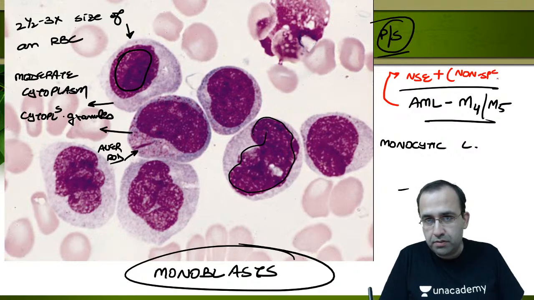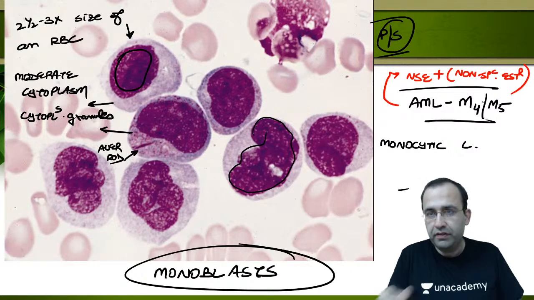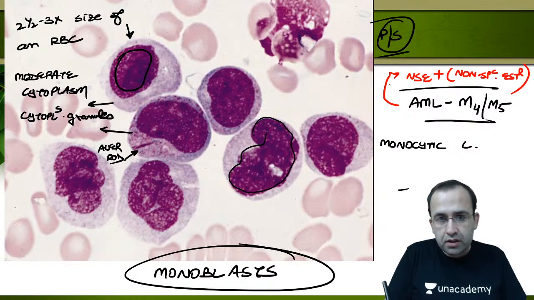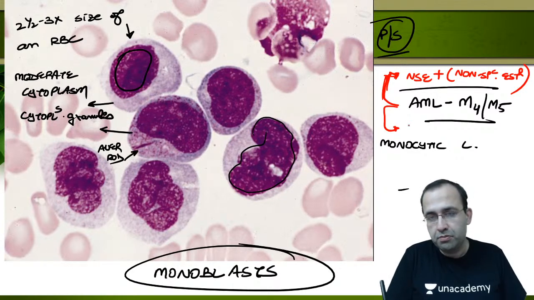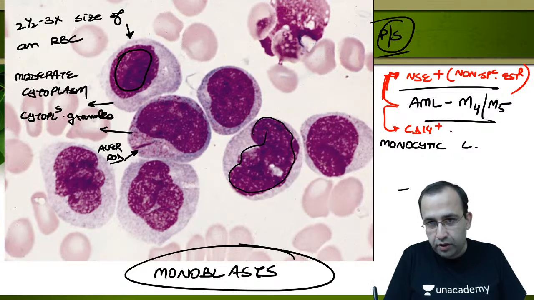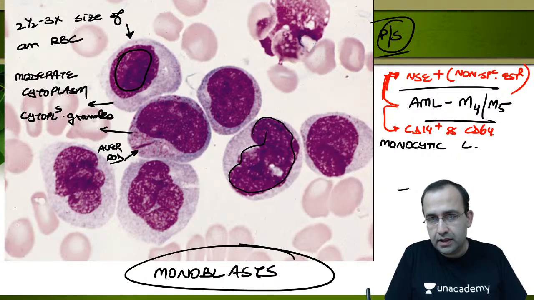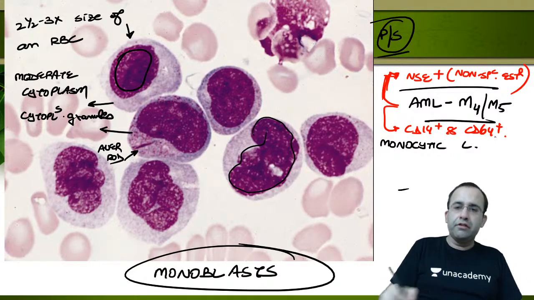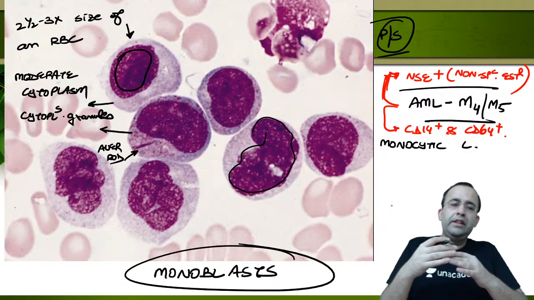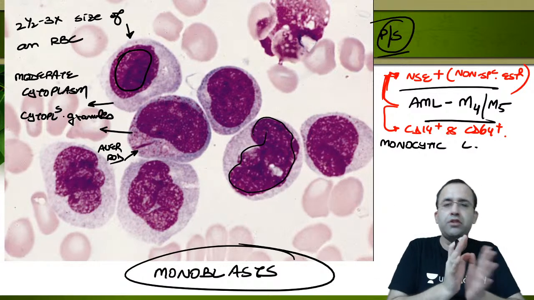They are non-specific esterase positive. Next, which CD markers, which immunophenotyping are monoblasts positive for? They are CD14 and CD64 positive. 14 and 64 positive. These are the next level of question that can be asked on this.